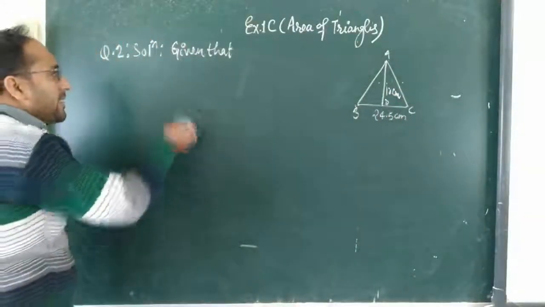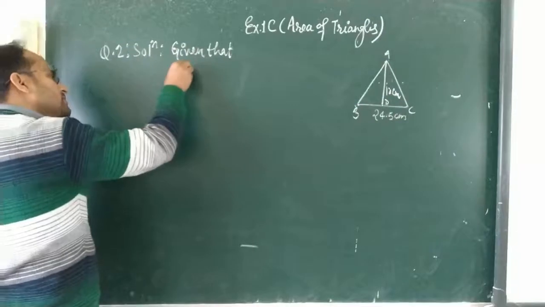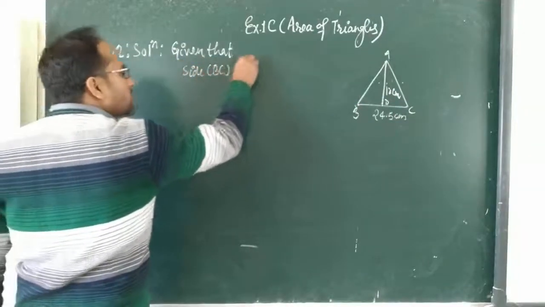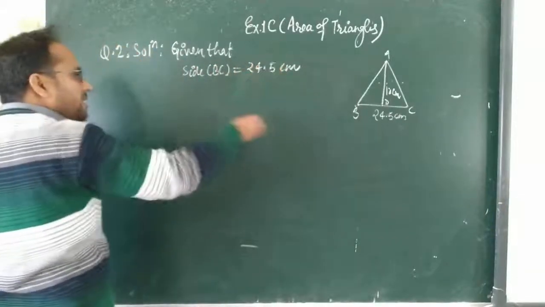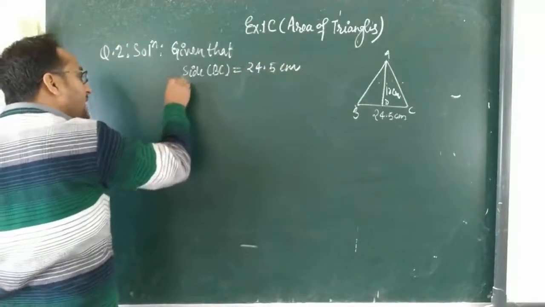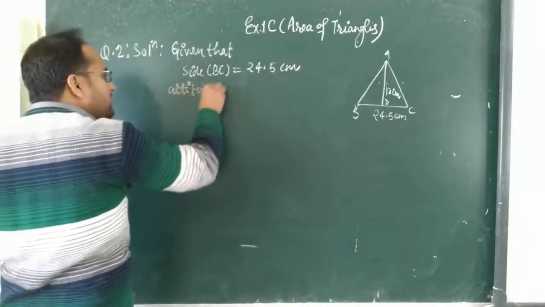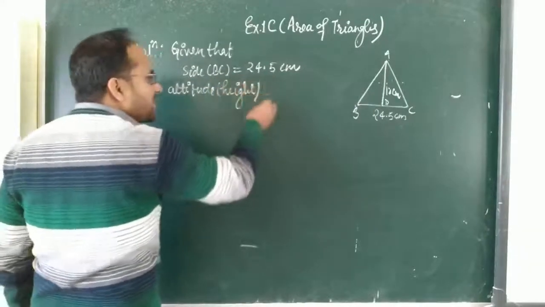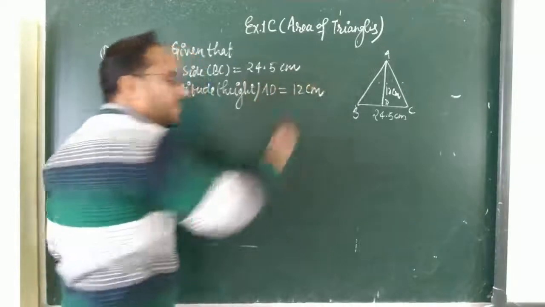So find the area of this triangle. According to this figure, side BC is equal to 24.5 centimeter and its corresponding altitude or height, both are the same, students, so don't be confused by that. Height AD is equal to 12 centimeter, students.